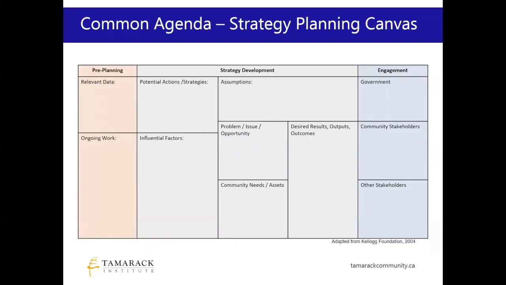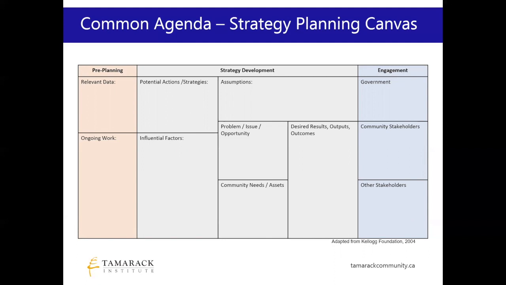And then finally, here's a strategy planning canvas that you can use to, again, scope your common agenda. There is a tool on the Tamarack website that brings you into the strategy planning canvas. What you want to do is put your issue in the middle.